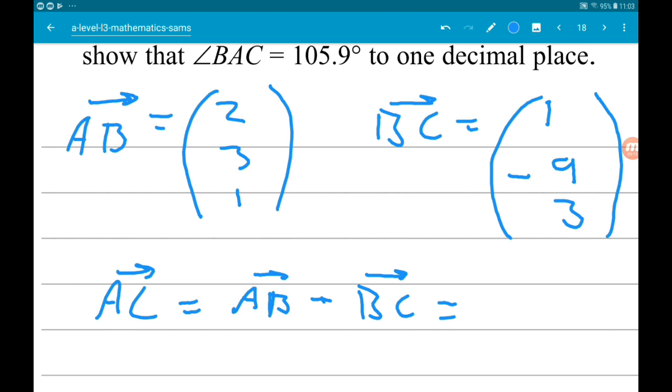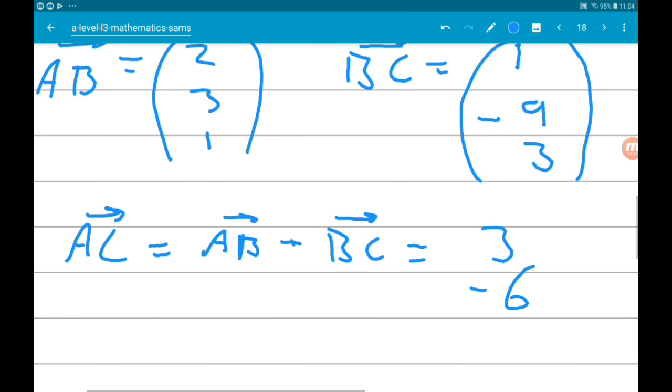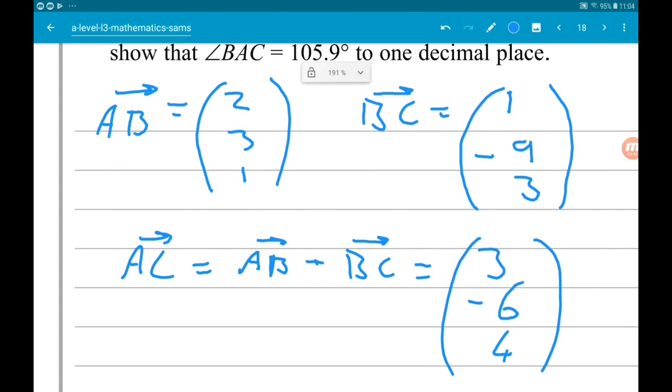So you just add the column vectors together. So that's going to give us 3. 3 minus 9 is minus 6. And 1 add 3 could very well be 4. Okay, so now we know all 3 vectors.